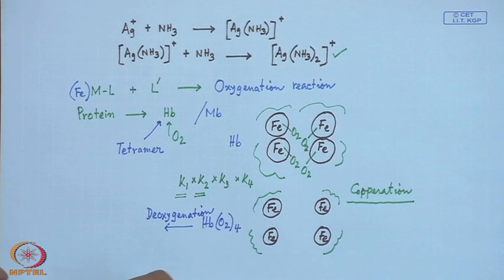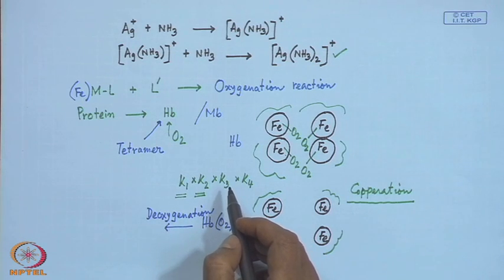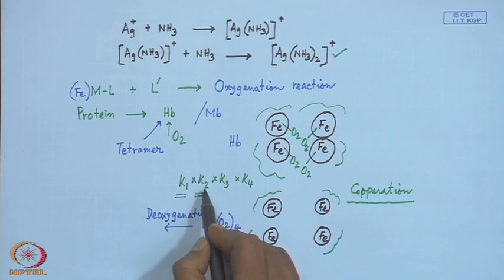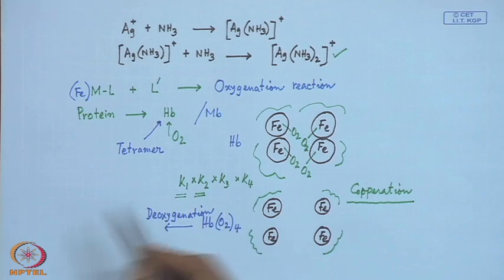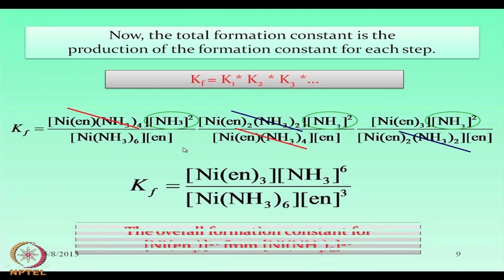So, these are all interrelated, but for the time being we will come back again to this aspect of binding in the biological system, where we see again that these K1, K2, K3 and K4 values are clearly observable in the case of the hemoglobin molecule for binding of O2.